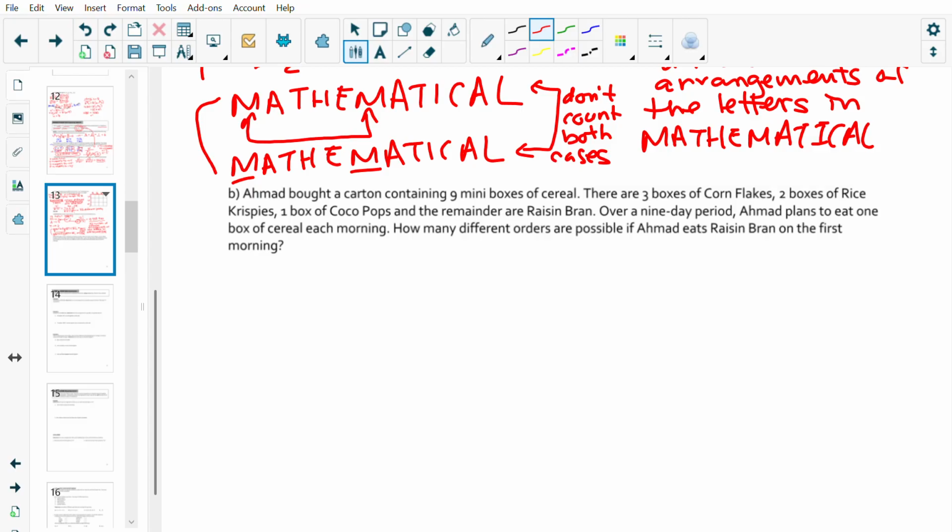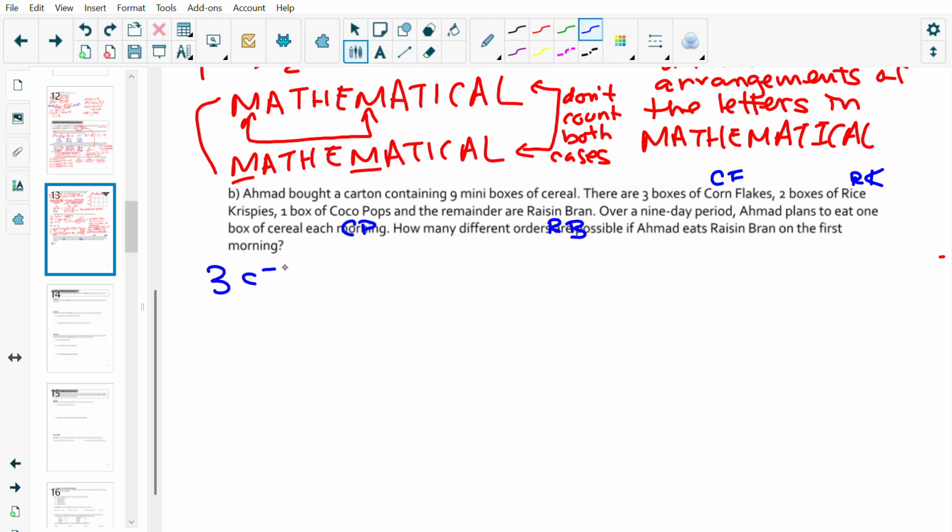Okay. Let's see. So, first morning. Well, let's do this. Cornflakes. Let's just abbreviate. CF, Rice Krispies, RK, Cocoa Pops, CP, Raisin Bran, RB.